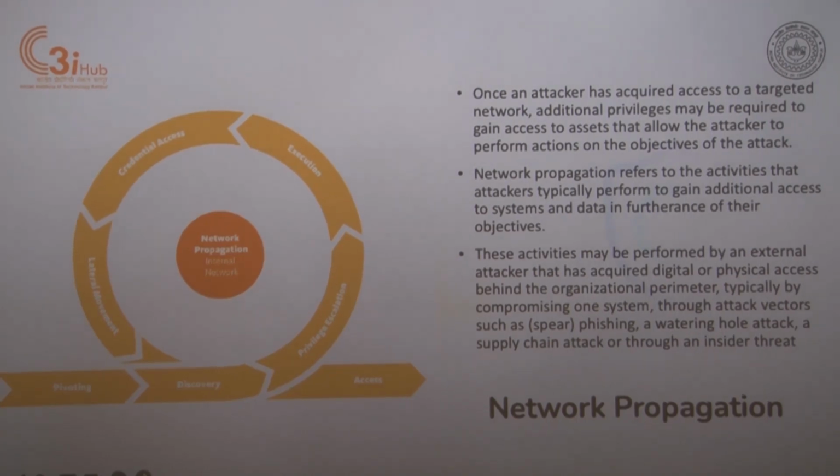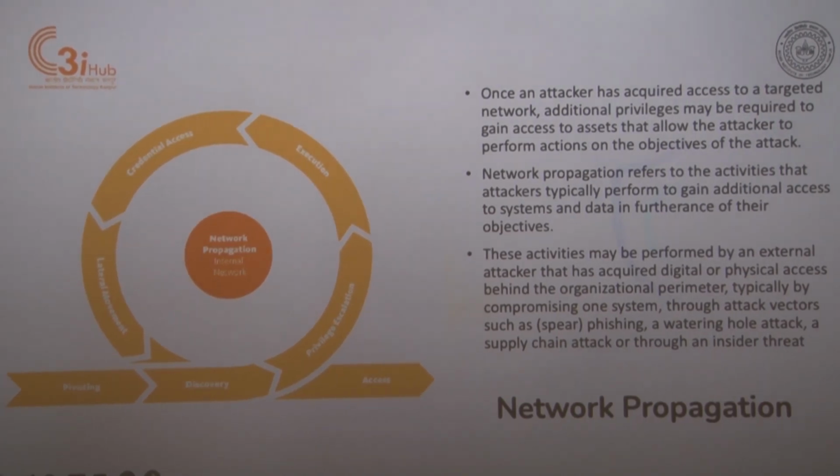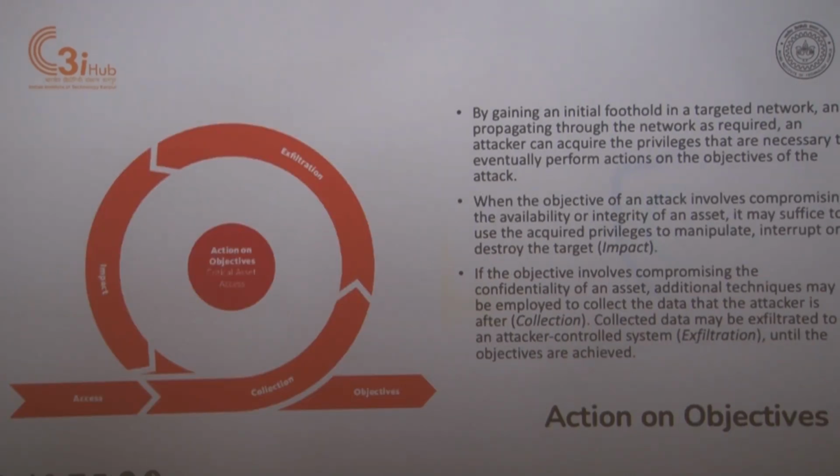Then how it will propagate inside the victim network, all these attack phase stages which lie in propagating the attack infection are sequentially arranged in this second intermediate goal. In the third one, we had action on objective, the third goal, which the authors have also referred to as "out". After this stage, the attacker is going to get out of the victim network, and the attack stages which belong to this intermediate goal are arranged sequentially here.